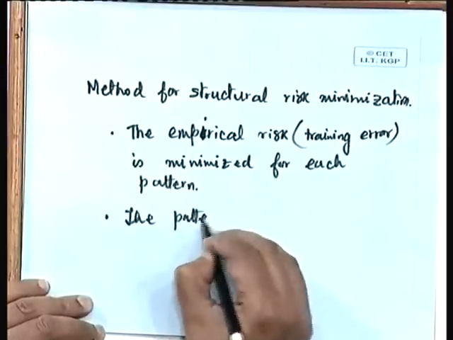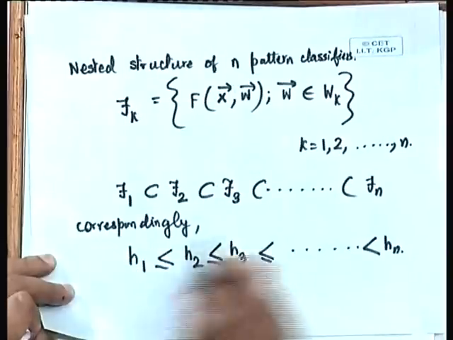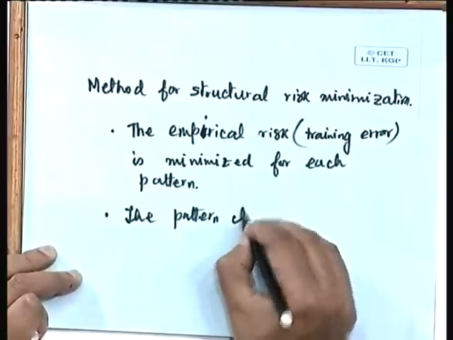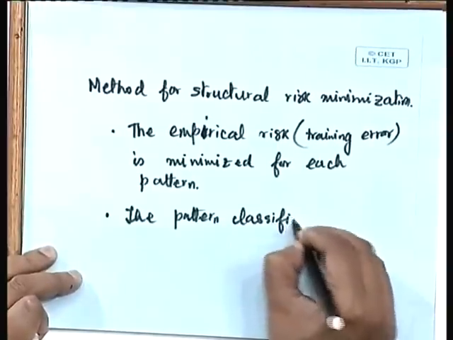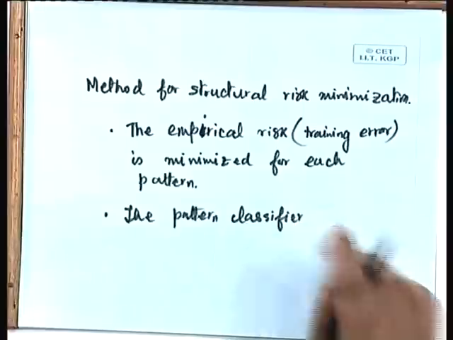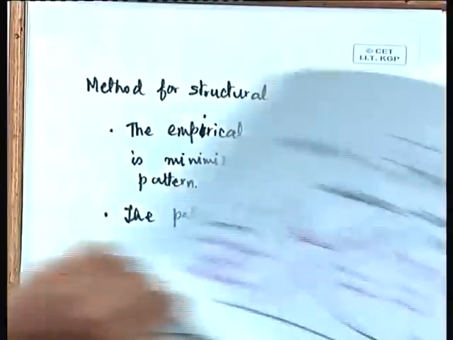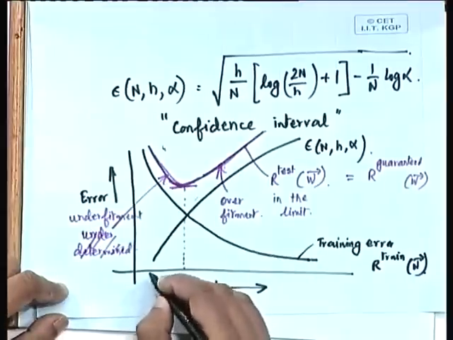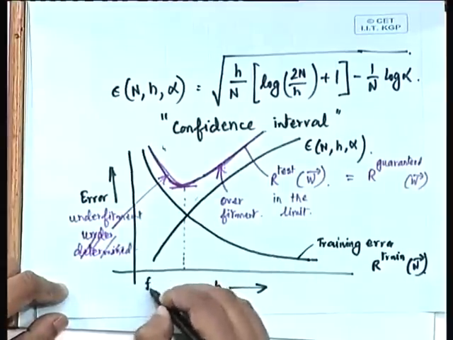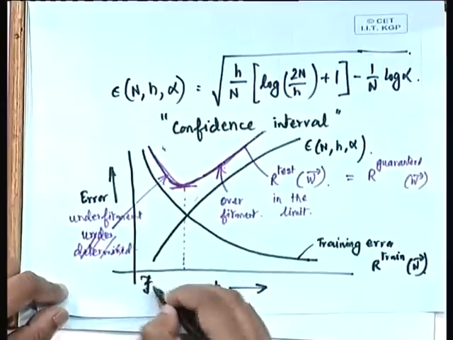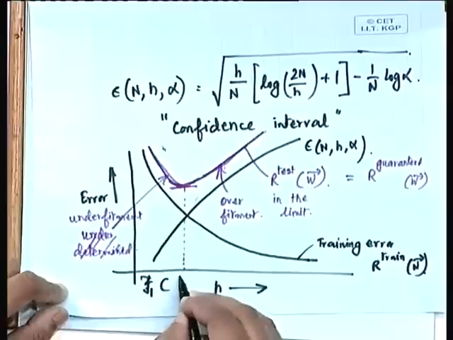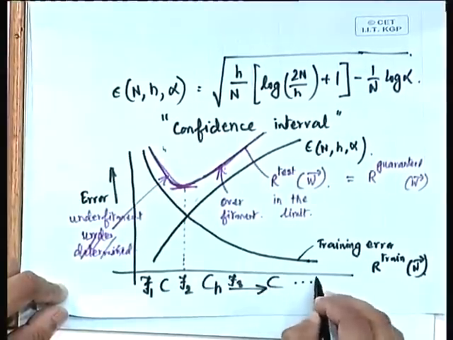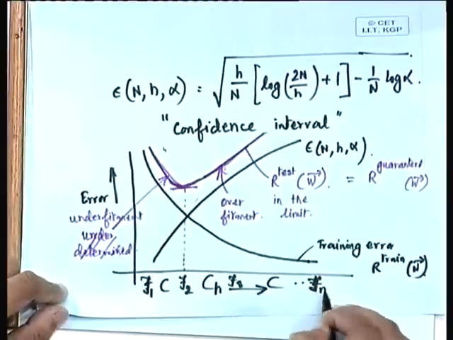Out of all these pattern classifiers F1, F2 up to Fn, okay, you determine which pattern classifier gives you the smallest guaranteed risk. Smallest guaranteed risk means this one. So, in fact, the set F1 will be here, then F1 will be contained in F2, contained in F3, etc., and Fn may lie somewhere over here.